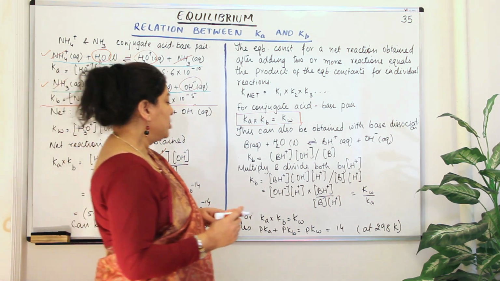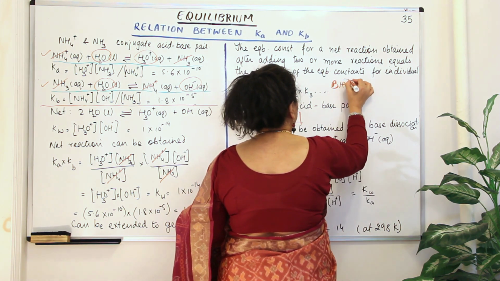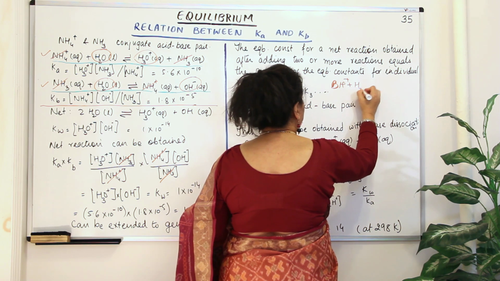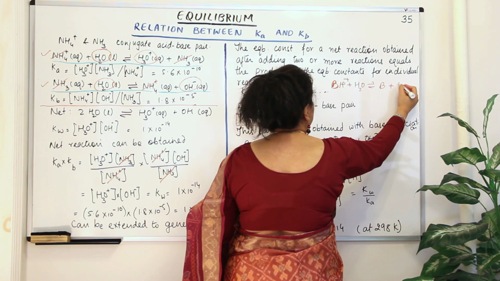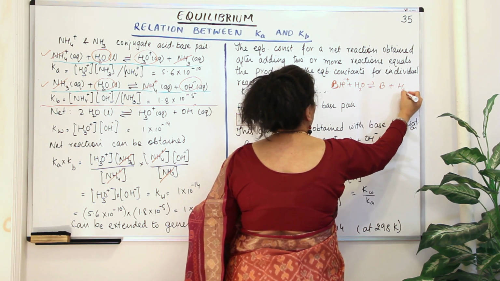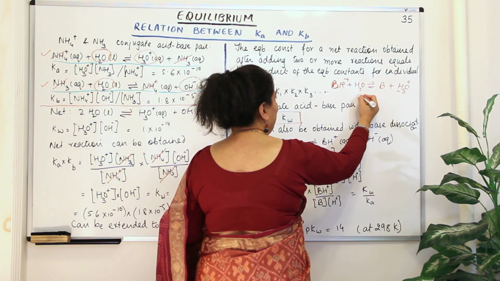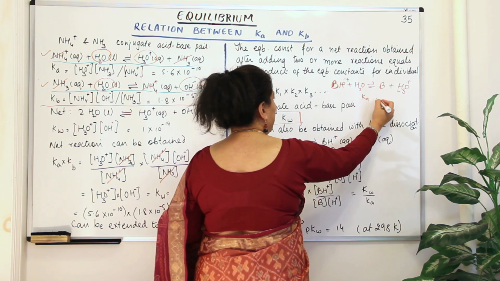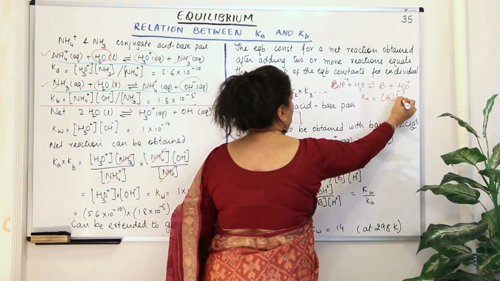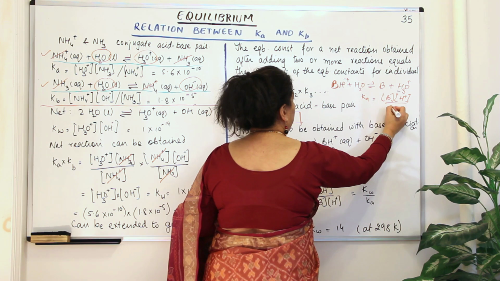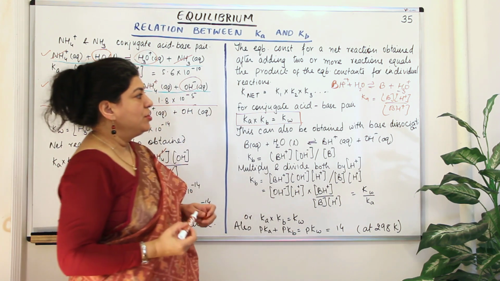If BH positive was dissociating in water to give you B plus H positive, that is H3O positive, which can be written as H positive, and you write down the equilibrium constant for this, you will get Ka for this acid BH positive, just like we had for the ammonium ion. You would get B into H positive upon BH positive, right? And isn't it what you see here? Only the numerator is in the denominator.